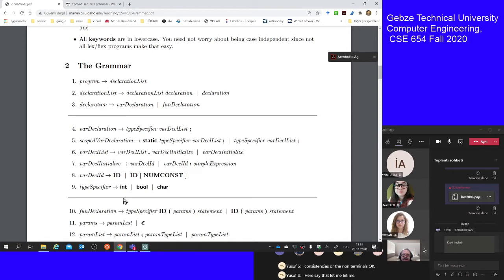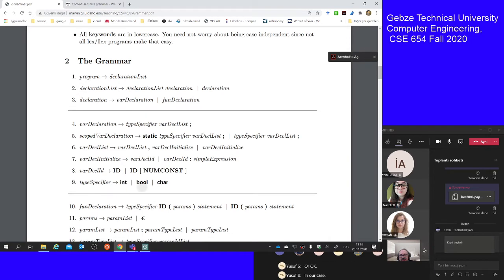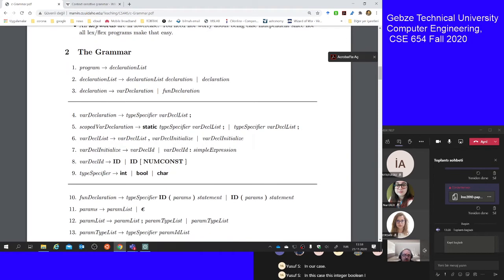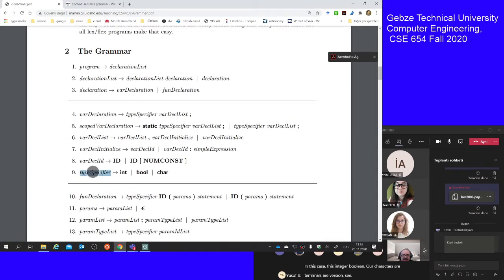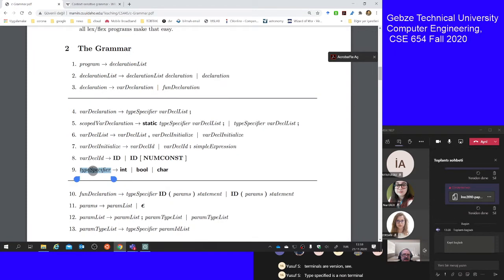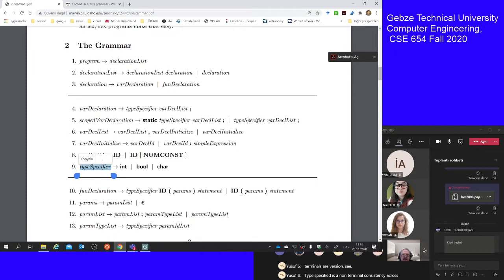In this case, integer, boolean, and character are our terminals, our words in C. Type specifier is a non-terminal or constituency. A type specifier could be either integer, boolean, or character, it says.